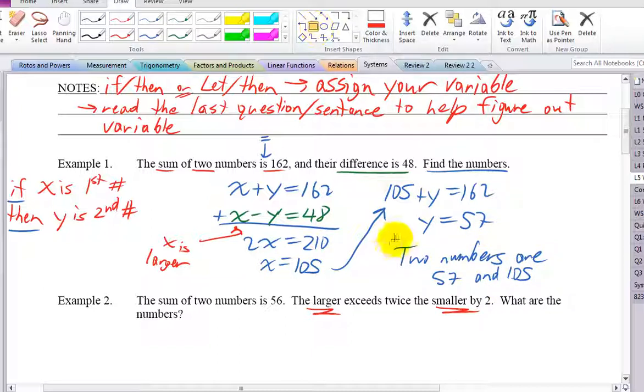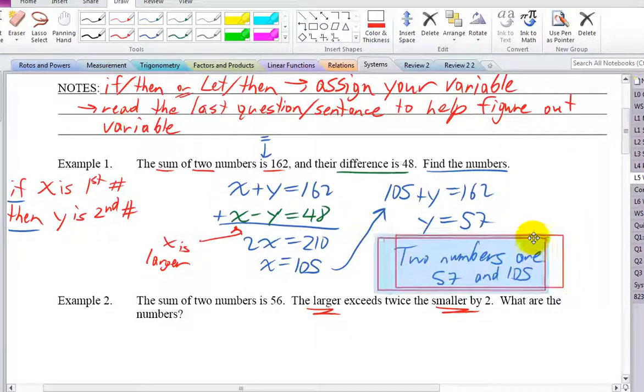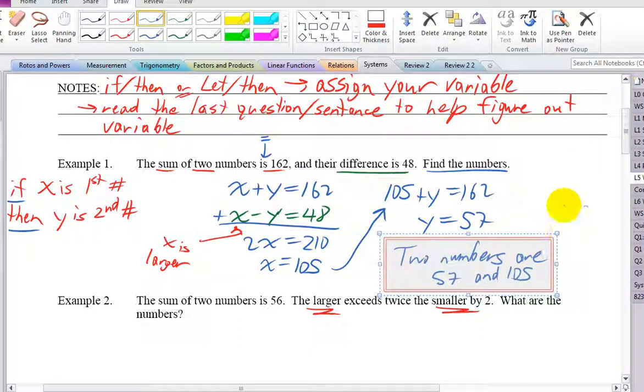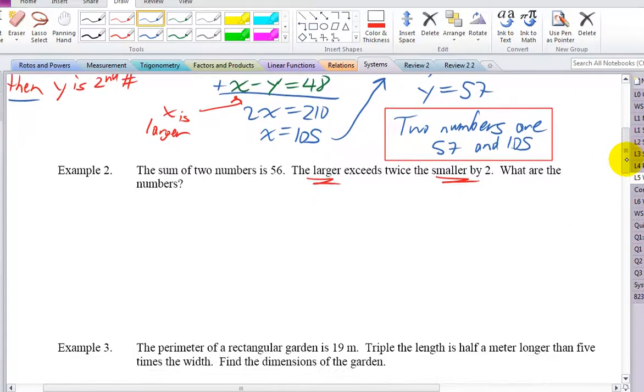And you can put a little box around it, make it nice and pretty, because I like to make it easy for me to see the answer. Any questions? Okay. Next one.